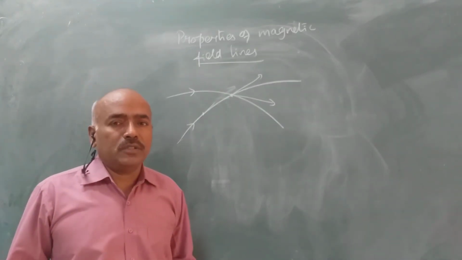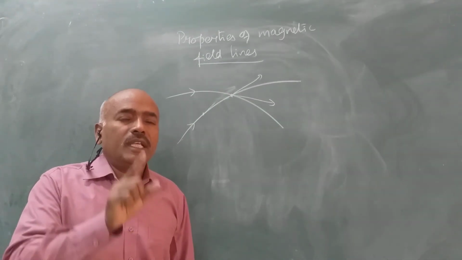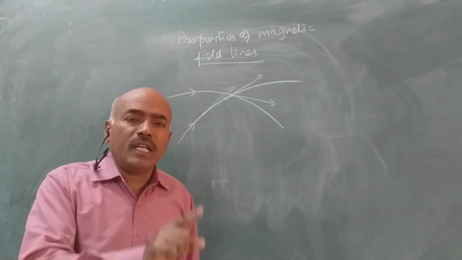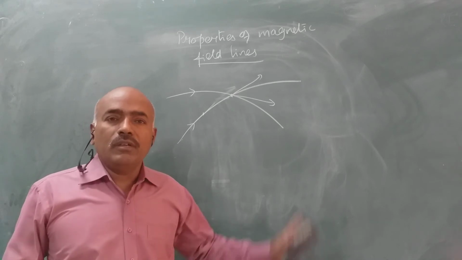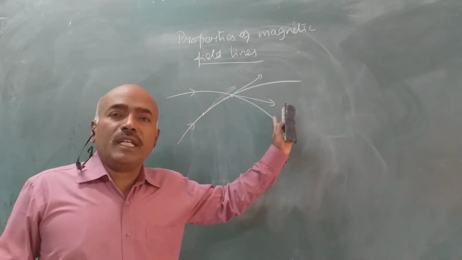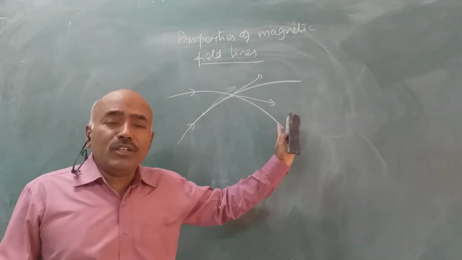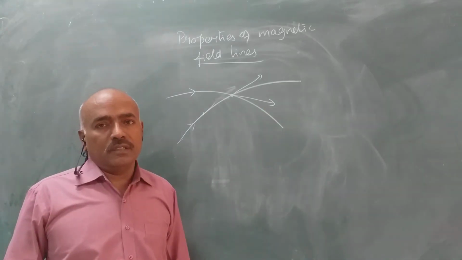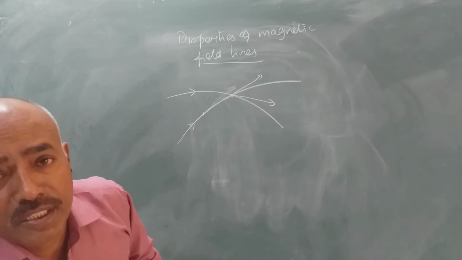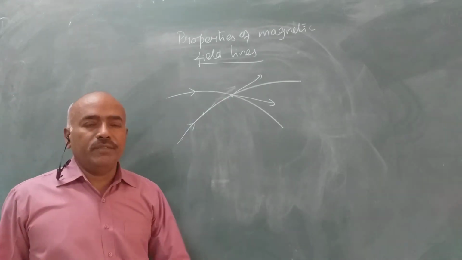But this is not possible. A single object can move in only one direction at any instant. So intersection of magnetic field lines is not possible. This is one basic property of magnetic field lines.